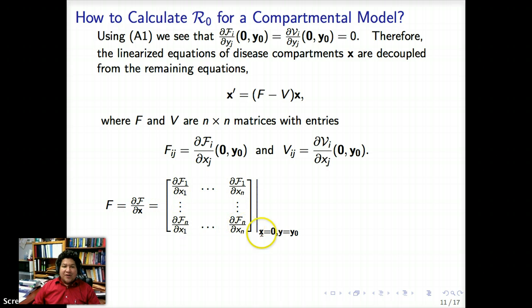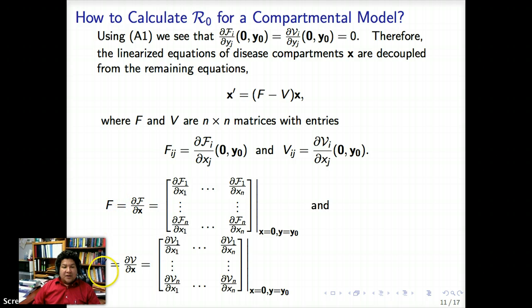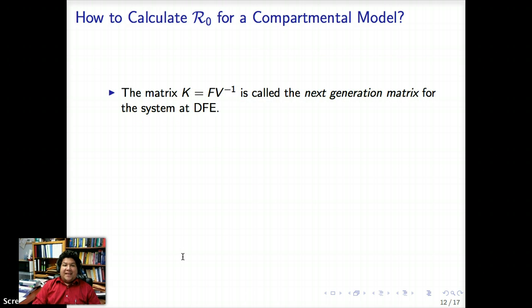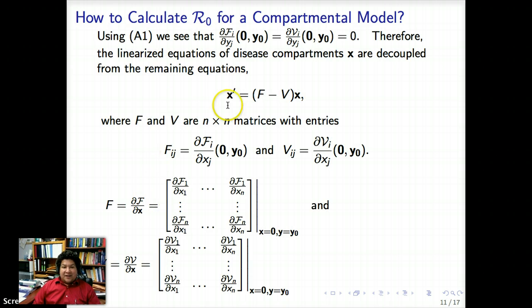That's how you compute the matrix F, and you compute the matrix V in a very similar way, because you will be computing partial derivatives of the operator V with respect to each state variable of the disease compartments. So importantly, now we're basically only working with the disease compartments, with the linear system describing the dynamics of disease compartments.